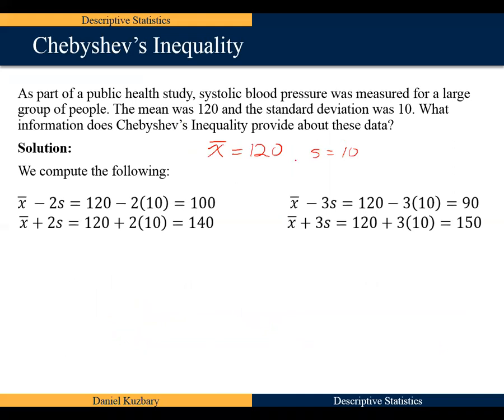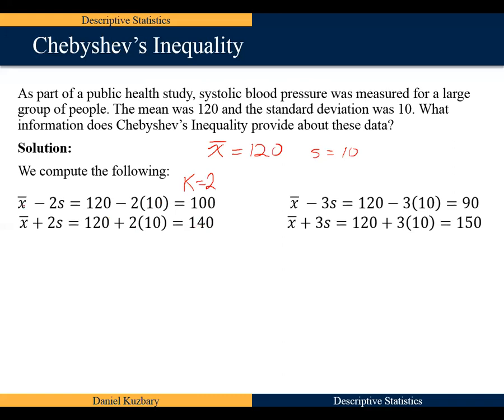So if I want to talk about things that are within 2 standard deviations of the mean, I'm going to take the mean and subtract 2 standard deviations. So if the standard deviation is 10, then 2 of those is 2 times 10, or 20. So subtract 20, you get 100. If I take the mean and add 2 standard deviations, I get 140.